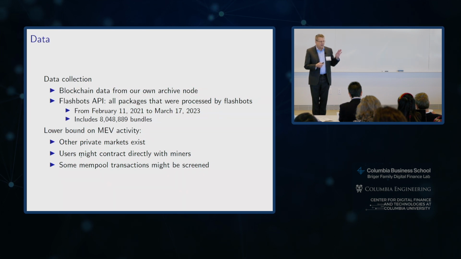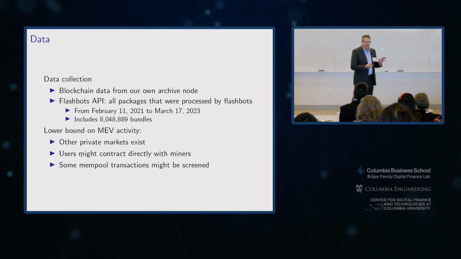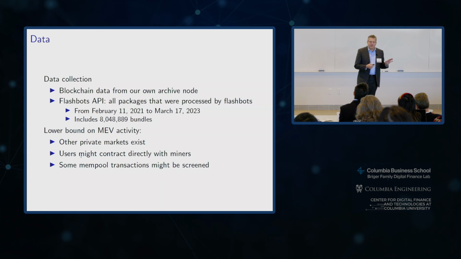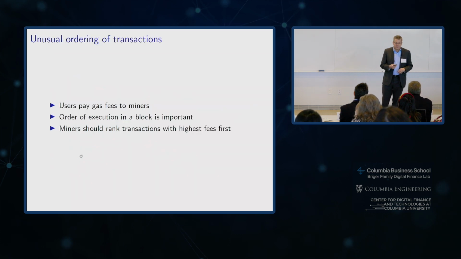Why? Because there are other private markets that we don't capture. The users might contract directly with miners and not go through Flashbots or somebody else. And there are some mempool transactions that might be screened, and we don't capture those. So this is clearly a lower bound on what we could potentially see.